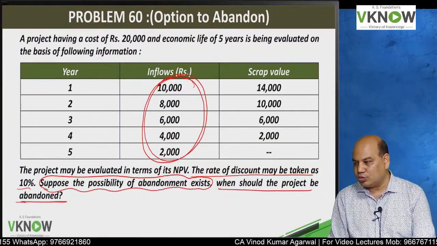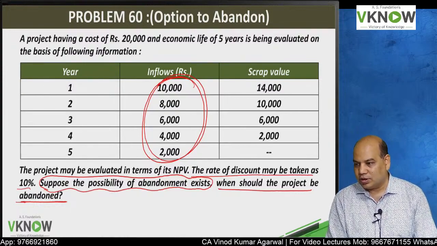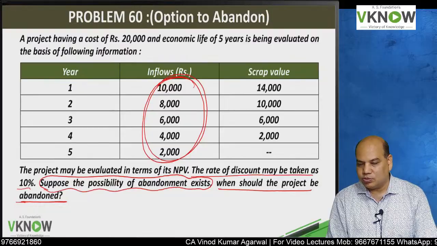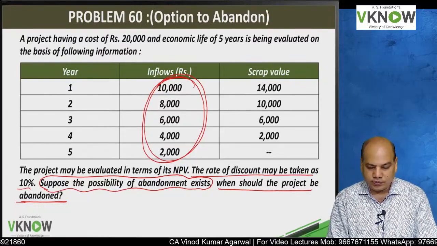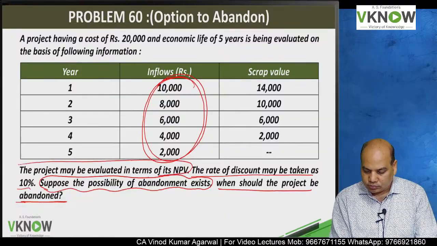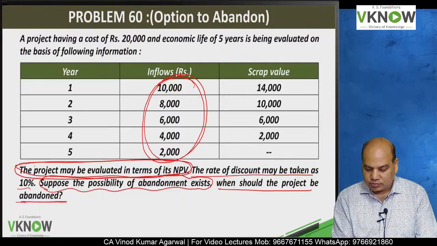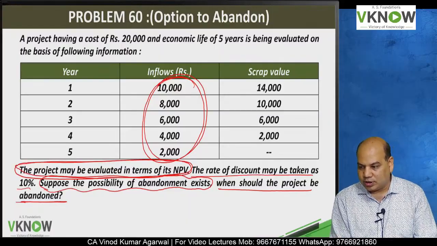Whether you should abandon in year 1, 2, 3 or 4. In any case, the maximum you can go is up to 5 years. So first I will answer the original question, whether the project is acceptable based on original estimate.